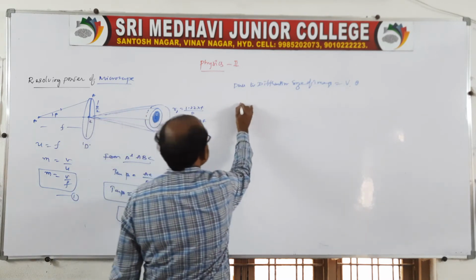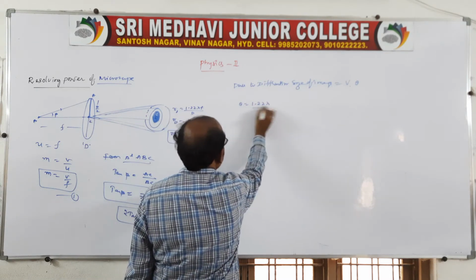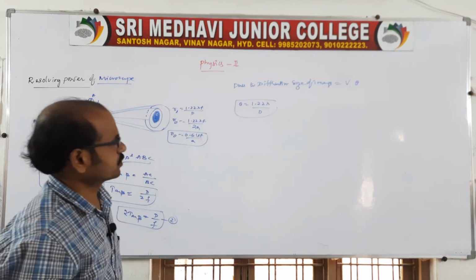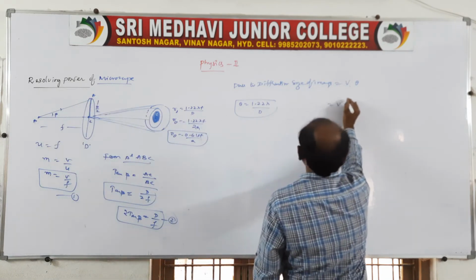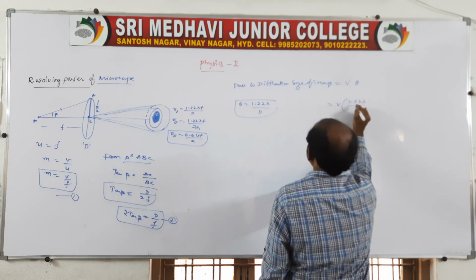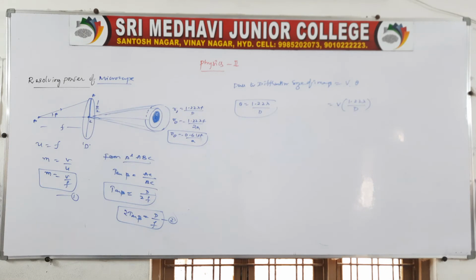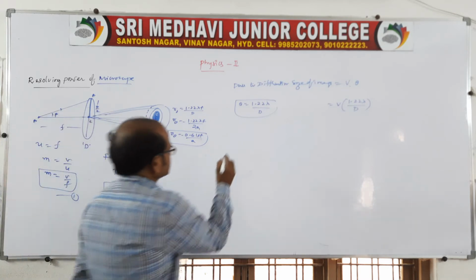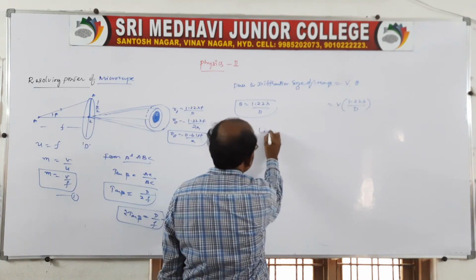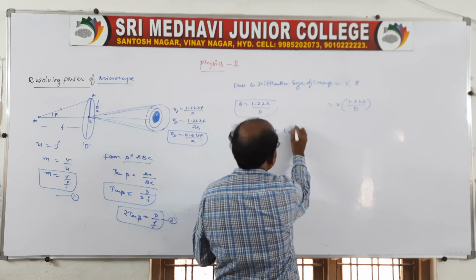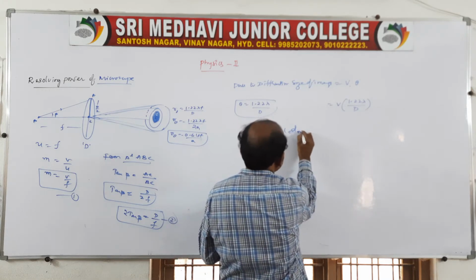We know the angular size theta is equal to 1.22 lambda by d, which I told you in the previous class. So the size of the image is v into 1.22 lambda by d. Due to the diffraction pattern, this is the size of the image, so the resolving limit will be delta theta m, or you can write dm.